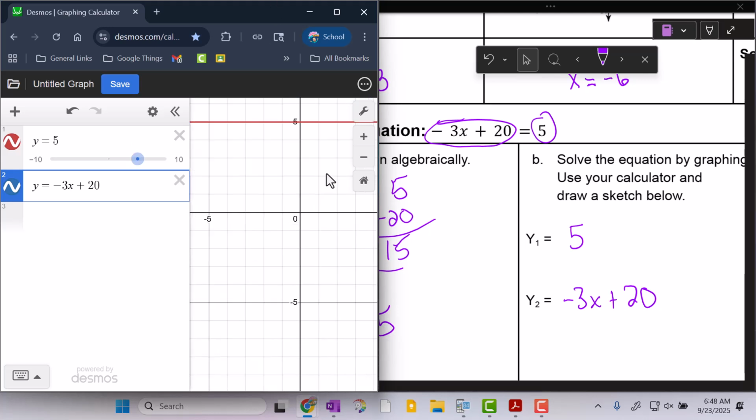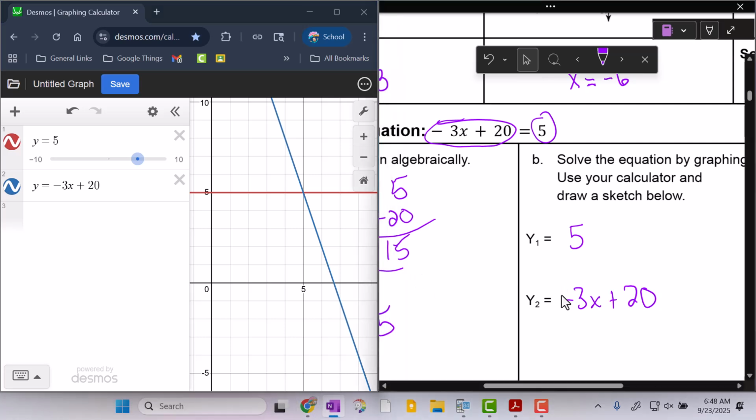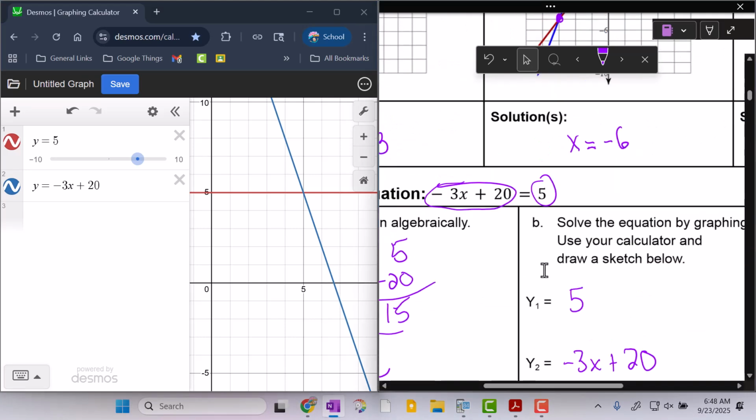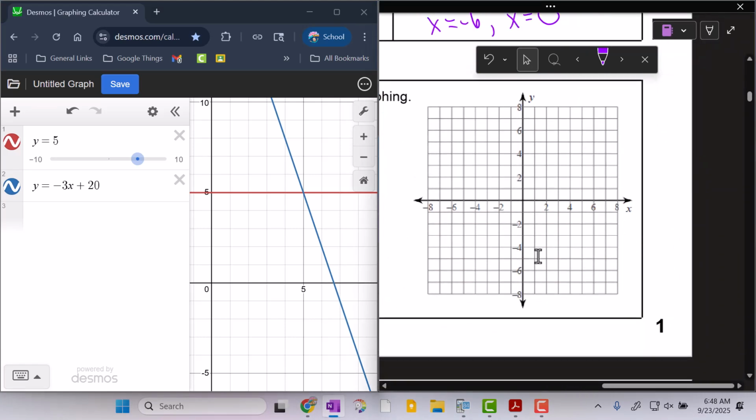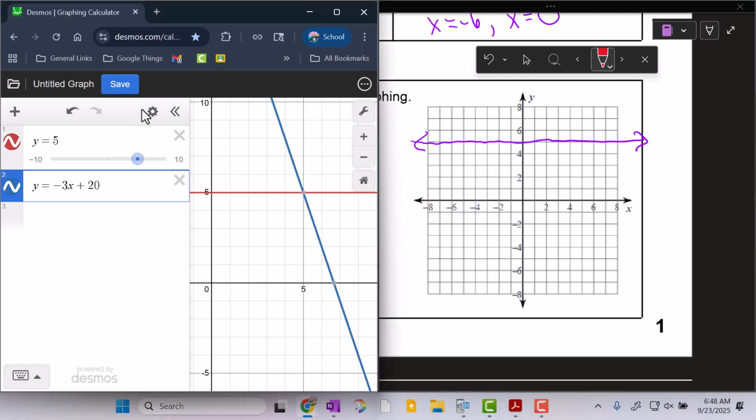All right, we need to get some points here and graph these. So, well, our horizontal line is at y equals 5. So that's our y equals 5. Then for y equals -3x plus 20, well, let's get some points here.